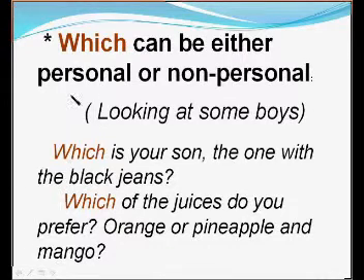So here you notice that in the first example, which is your son, we were talking about a person. Which is your son? Here it's personal. And in the second one we are talking about juices, and that means here it is used in a non-personal way because we are not talking about persons.